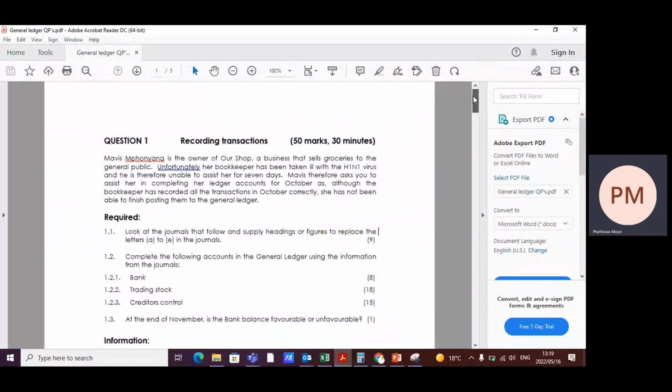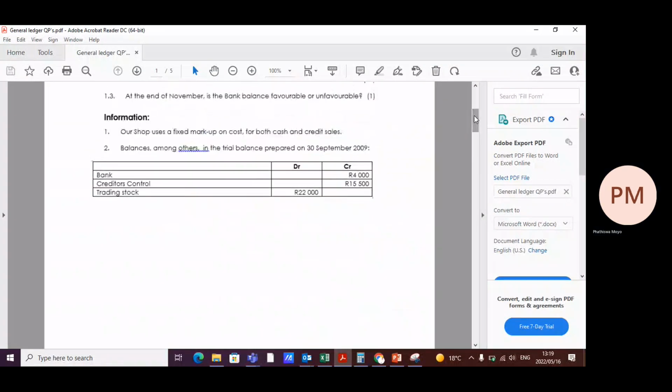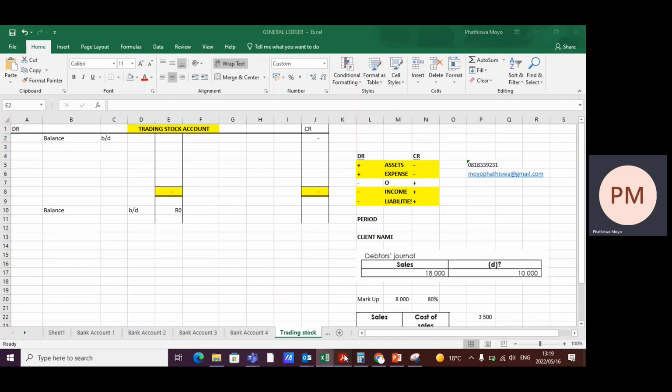So we need to know, were we given any balance? Yes, they're telling us that as at the month end of September, the trial balance, which is where we post the balance breakdowns to, the inventory that we had on hand, the stock that we had on hand, sorry guys for the noise, was valued at 22,000. So they've told us that it's on the debit side.